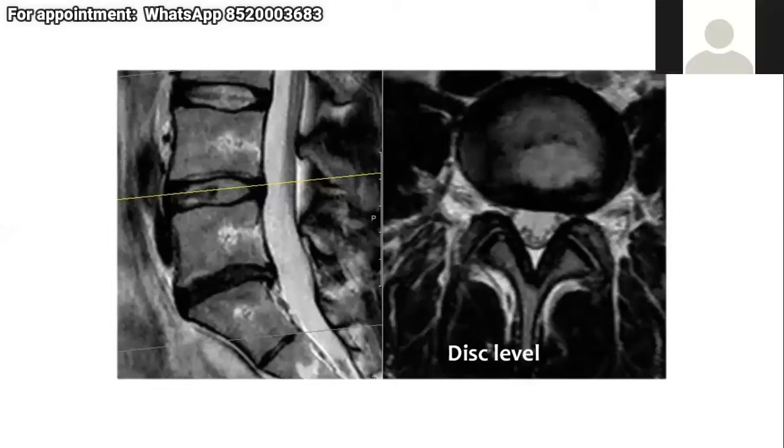Whenever the dimensions narrow, the patient will have more symptoms of canal stenosis. And when will the canal narrow, in flexion or extension? Flexion. No, in extension. Okay. So all the symptoms of canal stenosis worsen with extension. Am I clear?